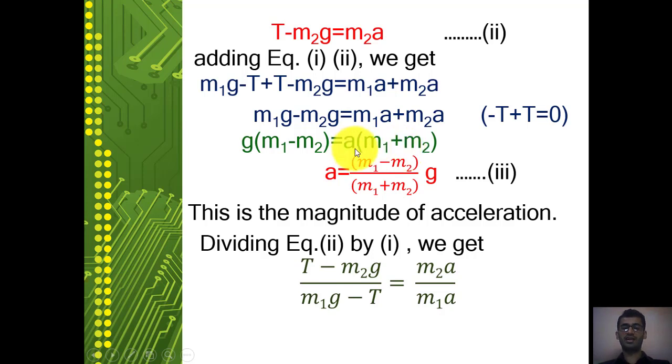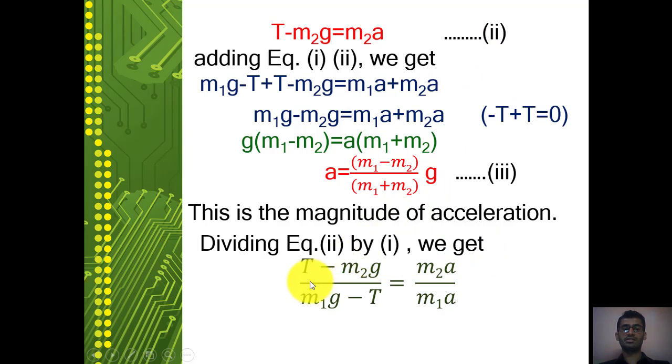Now students, we can find the value of acceleration a by cross multiplication. Here a is equal to m1 minus m2 over m1 plus m2 into g, and this is the value of acceleration of these objects, and this is equation number 3. Now we want to calculate the tension in the string. For this purpose, we shall divide equation number 2 by equation number 1.